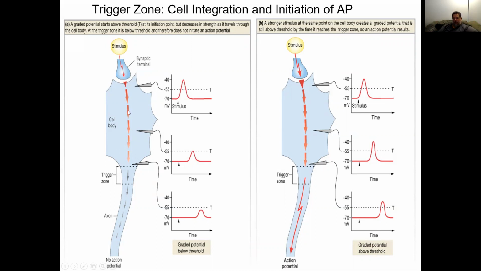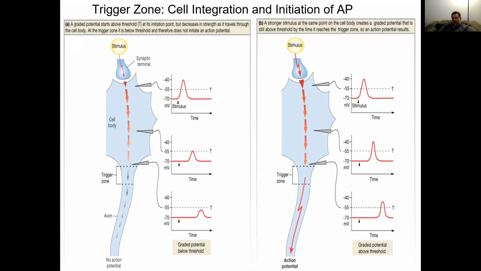But regardless, when the sodium finally reaches, and finally is in quotes because it's milliseconds, the trigger zone, and again, the trigger zone is the axon hillock with lots of voltage-gated sodium channels.